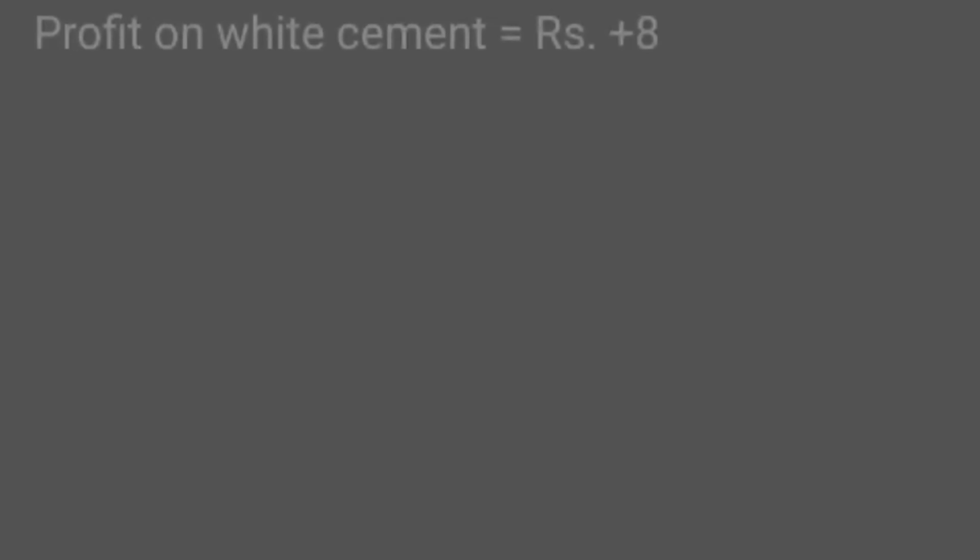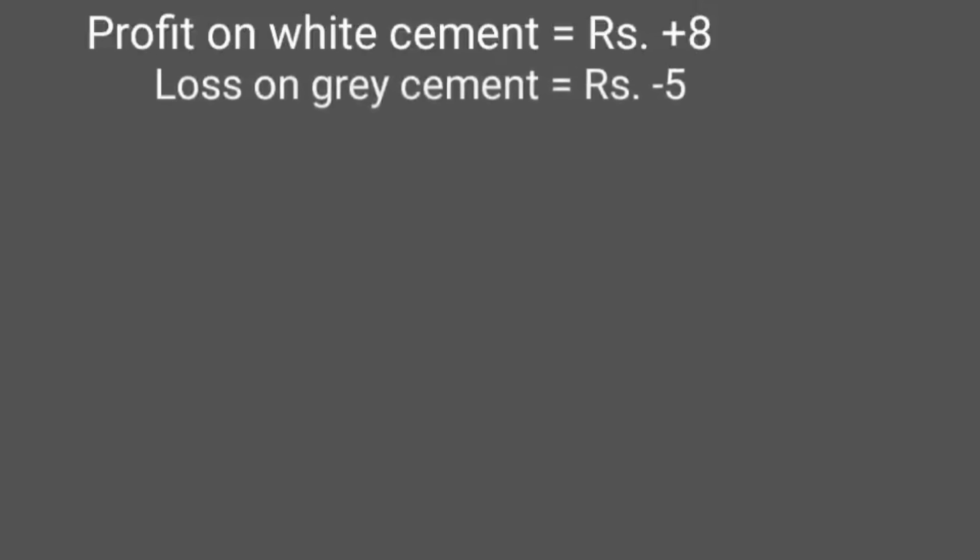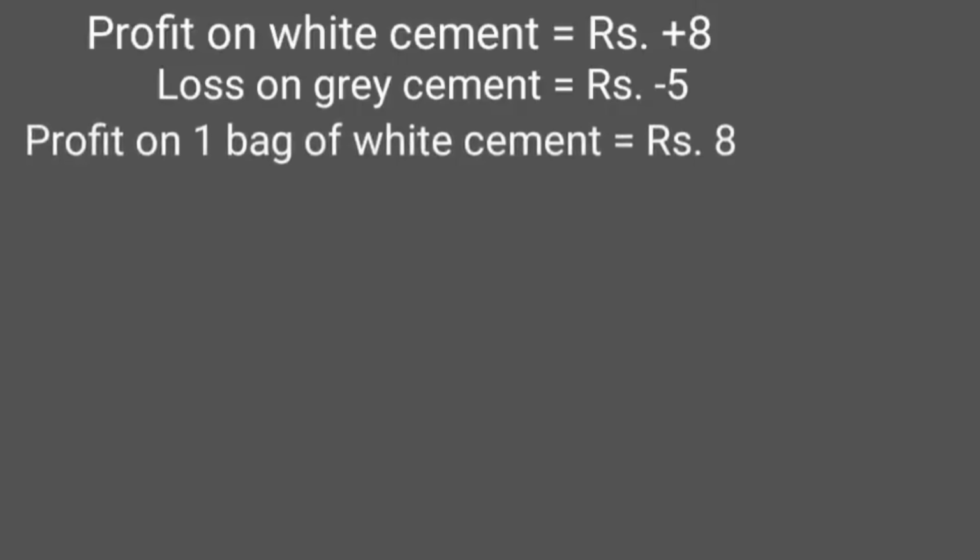First statement is profit on white cement is equal to rupees plus 8, because profit is the positive integer. Second statement is loss on grey cement is equal to rupees minus 5, because loss is the negative integer. Third statement is profit on one bag of white cement is equal to rupees 8.